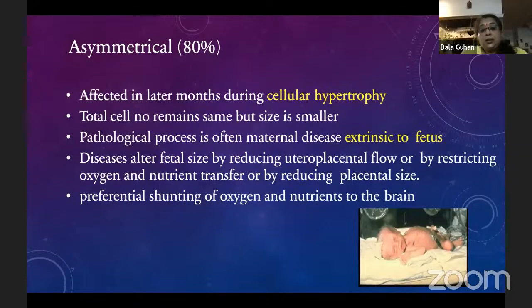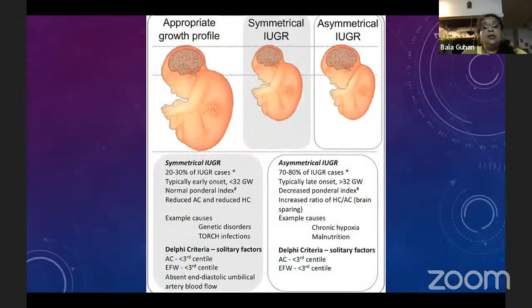Diseases alter fetal size by reducing the uteroplacental flow and or by restricting oxygen supply and nutrient transfer, or by reducing placental size. Preferential shunting of oxygen and nutrients to the brain occurs in such cases.